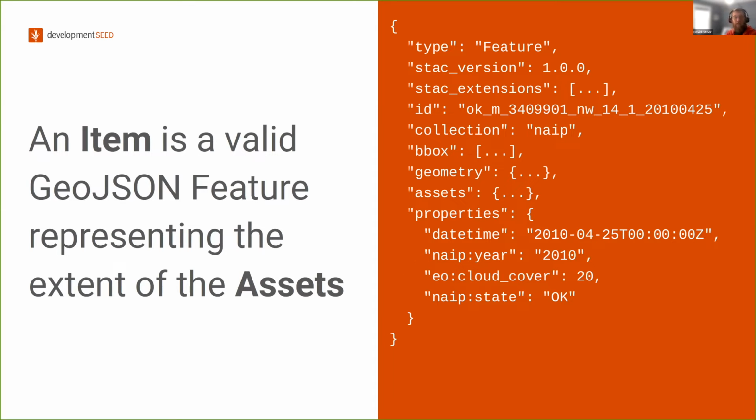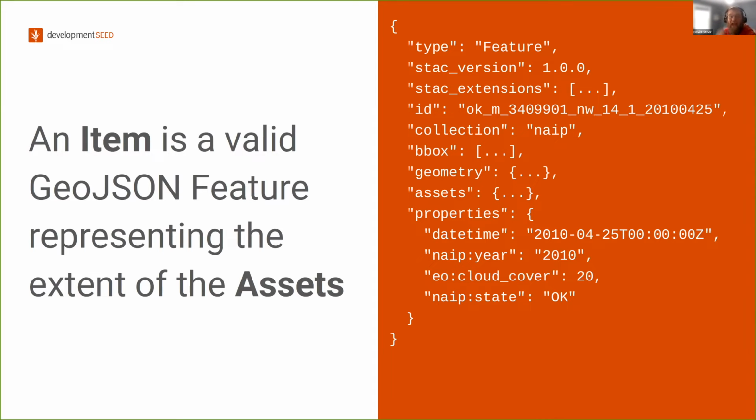So, as we talked about, for a satellite scene, it could have a COG asset along with a thumbnail asset and maybe some additional metadata that goes into a lot of detail about the whole production process of that asset.